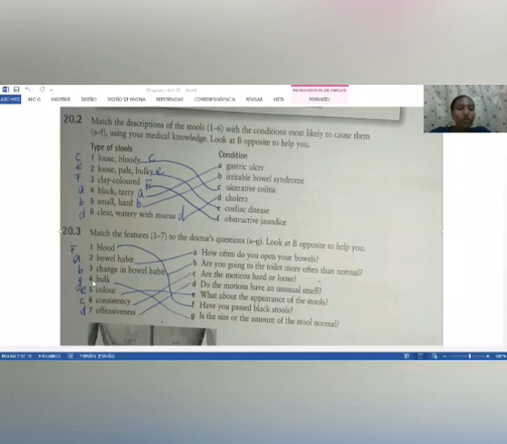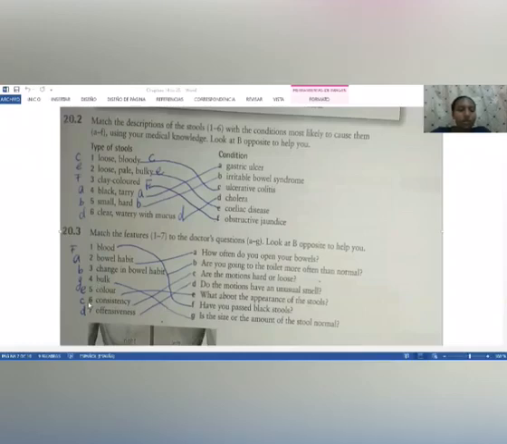Number 4. Bulk. Letter G. Is the size or the amount of the stools normal? Number 5. Color. Letter E. What about the appearance of the stools?